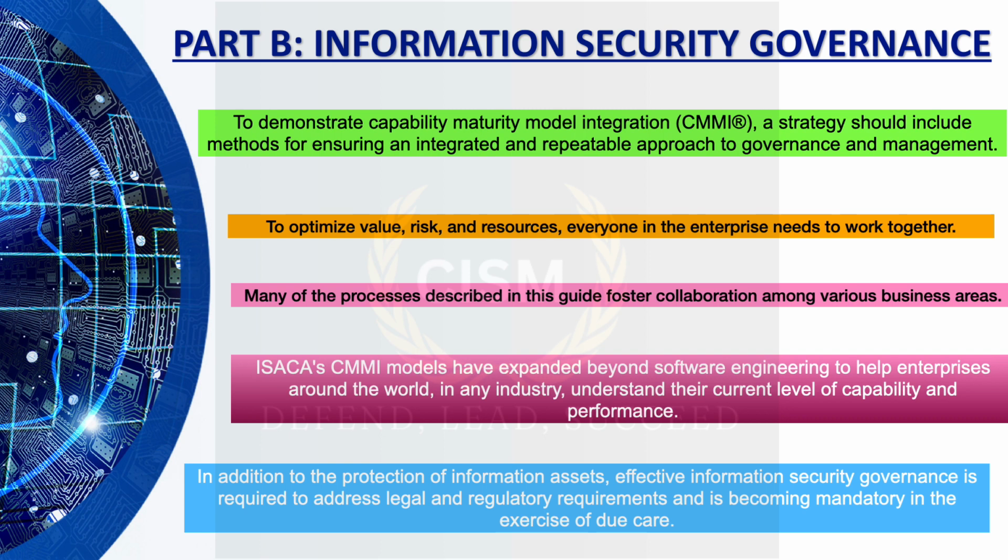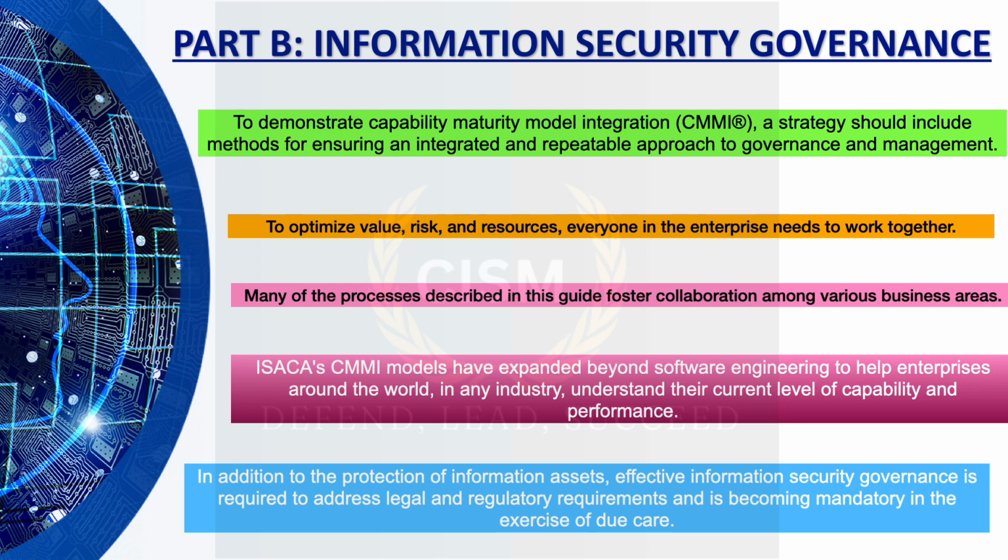For example, compliance with data protection laws requires organizations to implement governance measures that ensure the lawful handling and protection of sensitive information and mitigate legal risk. Friends, hope you have understood this information security governance.